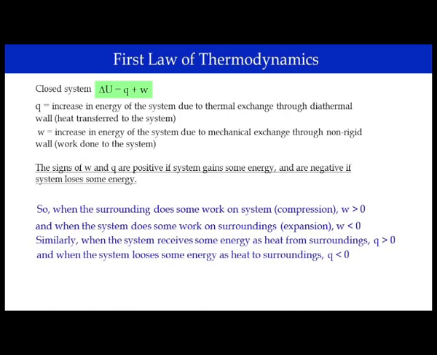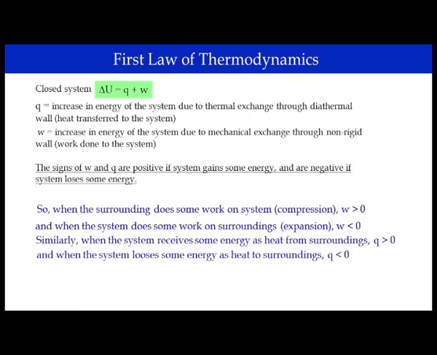The signs of W and Q are positive if the system gains some energy, that is, there is an increase in energy of the system, and they are negative if the system loses some energy, that is, there is a decrease in energy of the system. So, please remember that W and Q are positive if the system gains energy and negative if it loses energy.